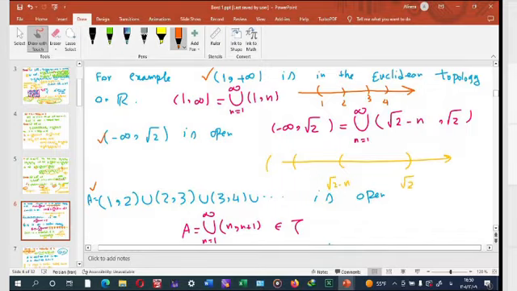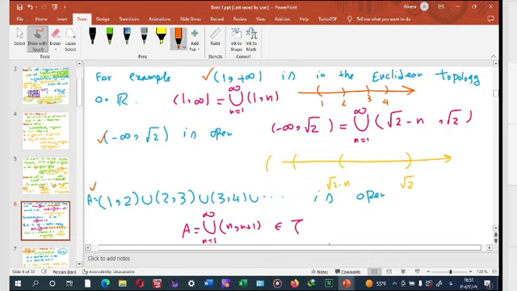As an example, we see that this is an open set, because minus infinity to the root of 2 equals this union of open intervals.